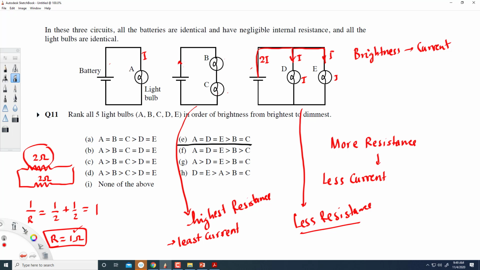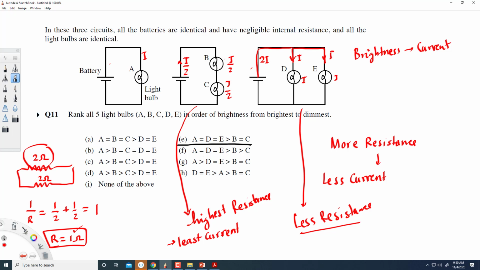That means there would be half as much current as this one. So if there is I here, the current here would be I over 2, because there is double resistance, so half as much current. And in series, we know current is the same everywhere, so this one will get I over 2, and this one will get I over 2.